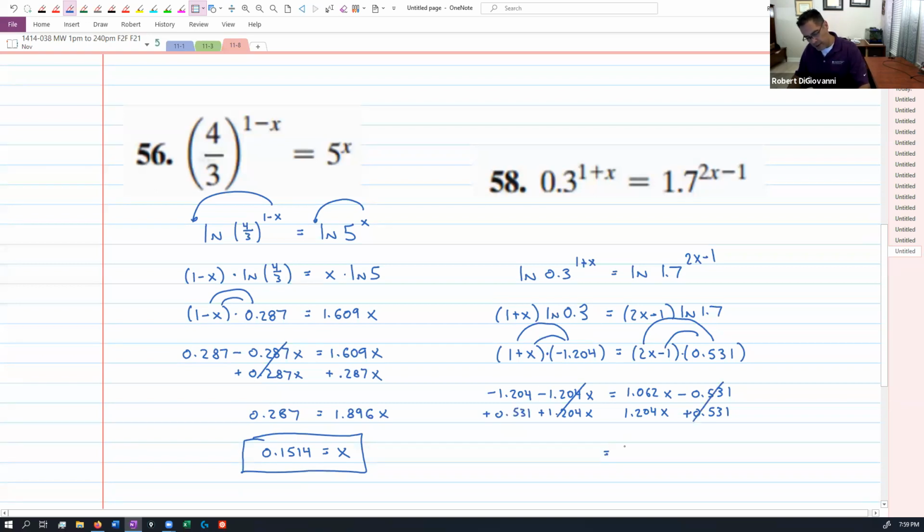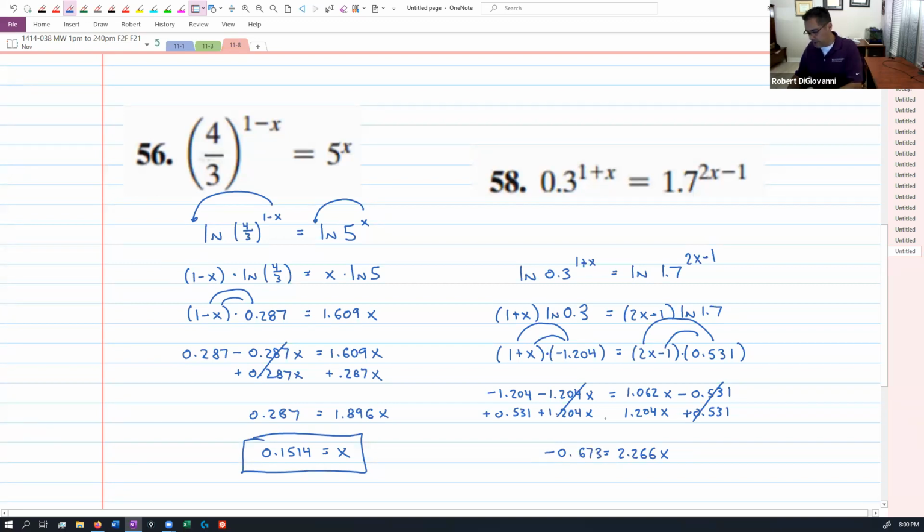So let's see, this should be 2.266x. And when I add over here, I should get 537. Oh, wait, oops, I'm subtracting. I'll just do it here. Negative 1.204 plus 0.531, negative 0.673.